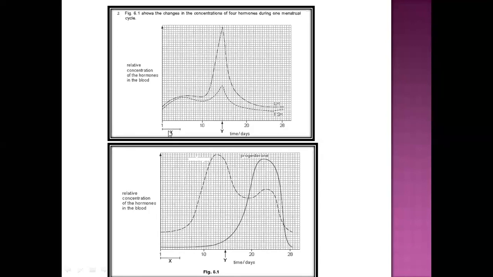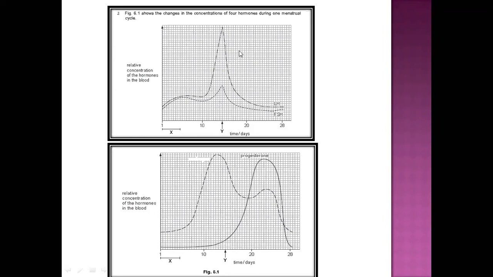During this time there will be bleeding, and that is called menstruation. After that, I told you that LH hormone will reach a peak on day 14, and that will cause ovulation.